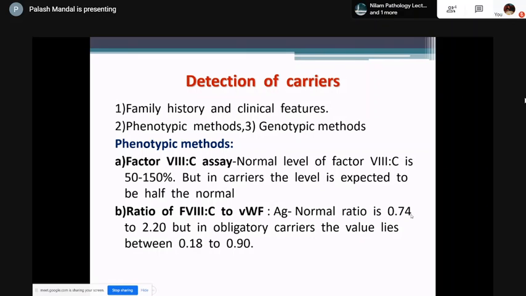Their normal ratio is 0.74 to 2.2, but in obligatory carriers the value lies around 0.8. So these mathematical figures, you have to know what the tests are. So factor 8 and factor 8C assay and the ratio of factor 8C to 1 milligram factor, we have to find out.